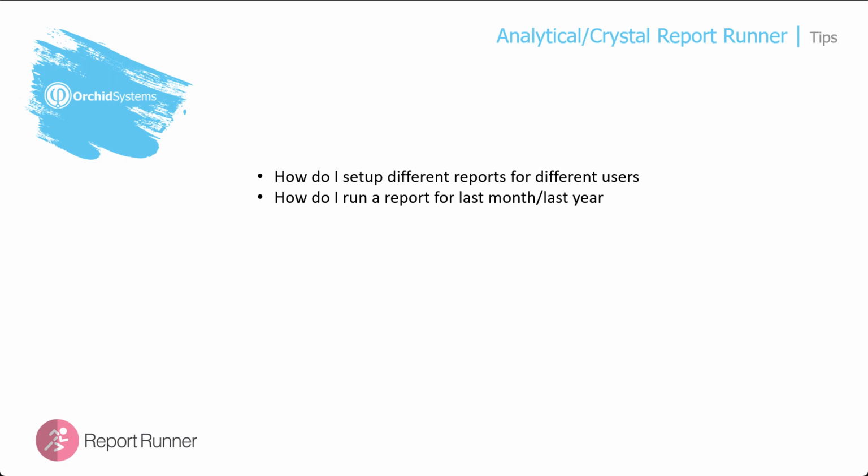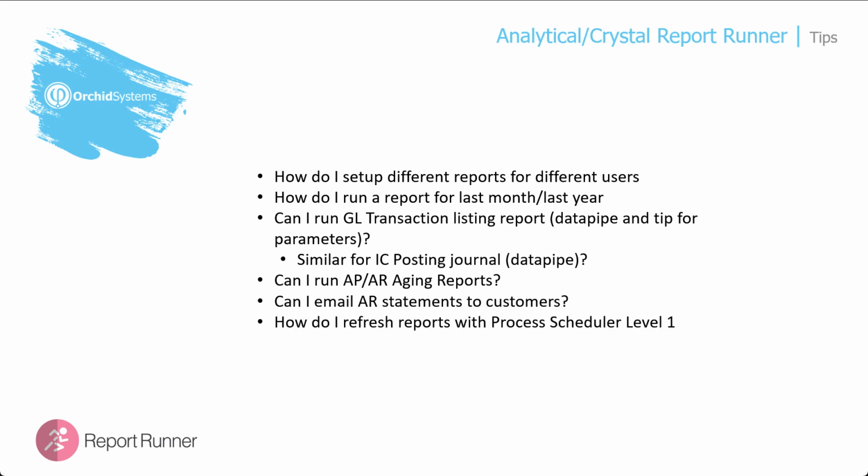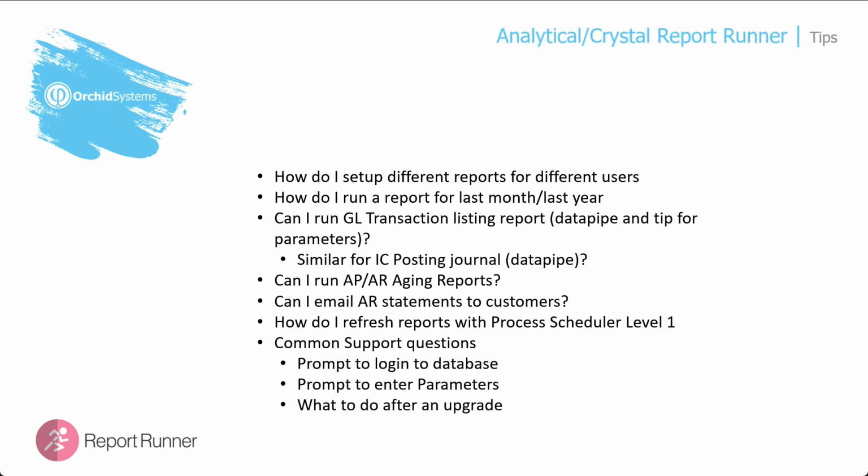For Crystal Report Runner, we will look at security and how we set up different reports for different users, using dates, fiscal year and period in the parameters, running a data pipe report, looking at the example of the GL transaction listing report, which is relevant particularly for people who run a lot of financial reports. We will then discuss a few special reports like AP/AR aging reports and AR statements, as well as look more closely at how to refresh reports with Process Scheduler Level 1 and some common support questions.